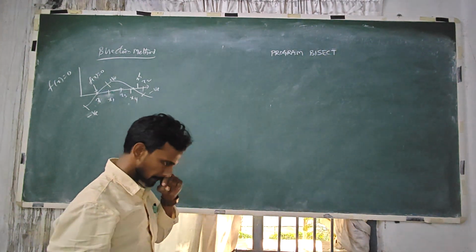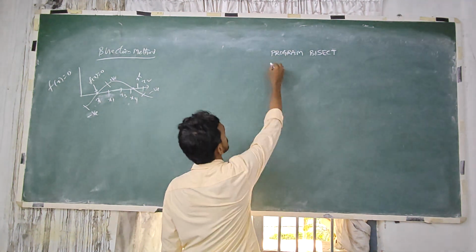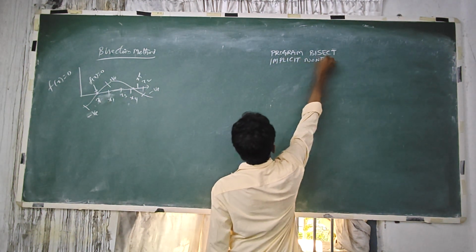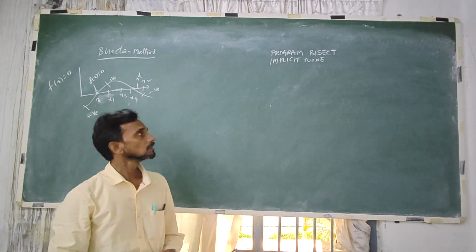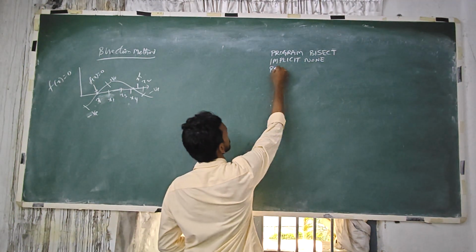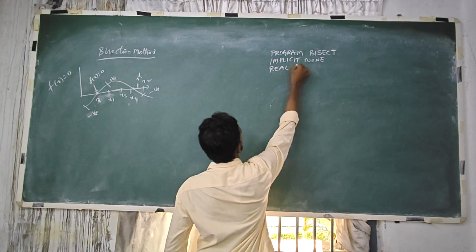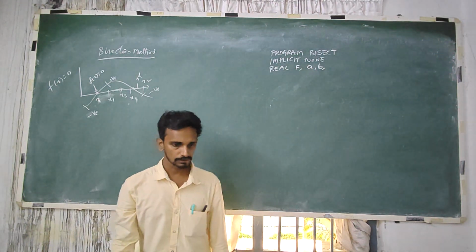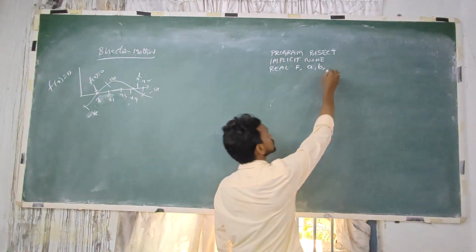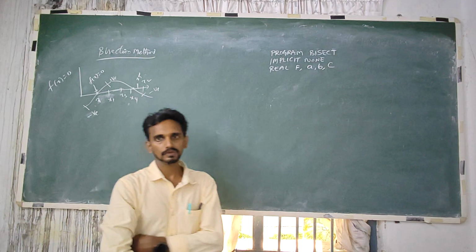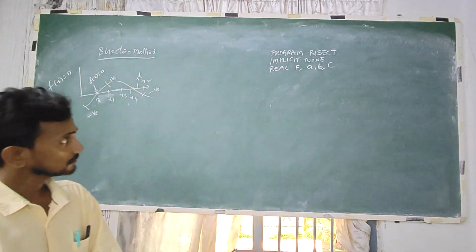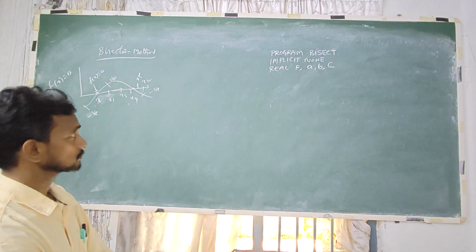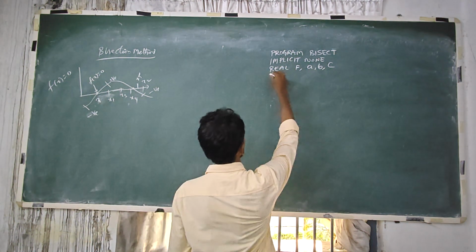Let's say I am taking this. Program bisect, implicit none, real: f is my function, a and b are my interval ends. I call c the midpoint, and I is the iteration index.